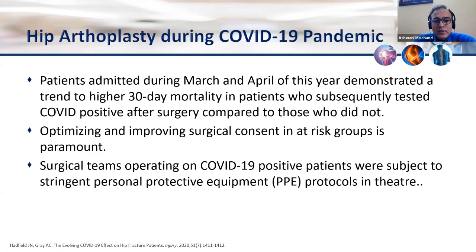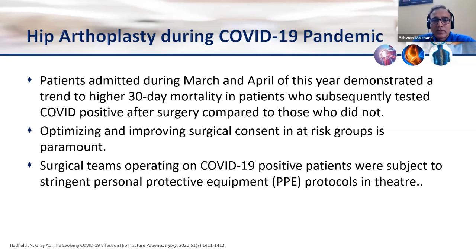So during COVID, I think elective surgeries should be on the back burner. We are basically now dealing with emergencies only, and they can wait. I think these patients with the hip and knee arthritis, they should wait for the surgery till this thing is over, because the mortality rate is high in patients being operated right now.